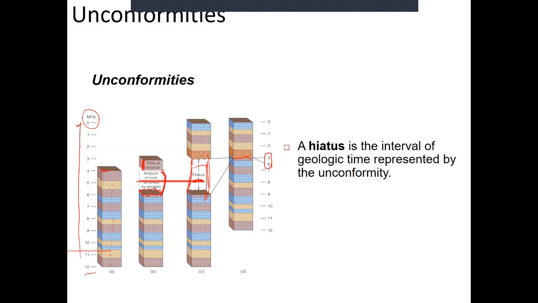So I like to use the analogy of the Dark Ages, right? The Dark Ages are a period in history in Western Europe where we don't know a lot. After Rome fell, civilization kind of took a couple steps backwards, and a lot of people weren't literate. They couldn't read or write, so there wasn't a lot of records being kept. We have a good record coming out of Rome, up until the fall of Rome.